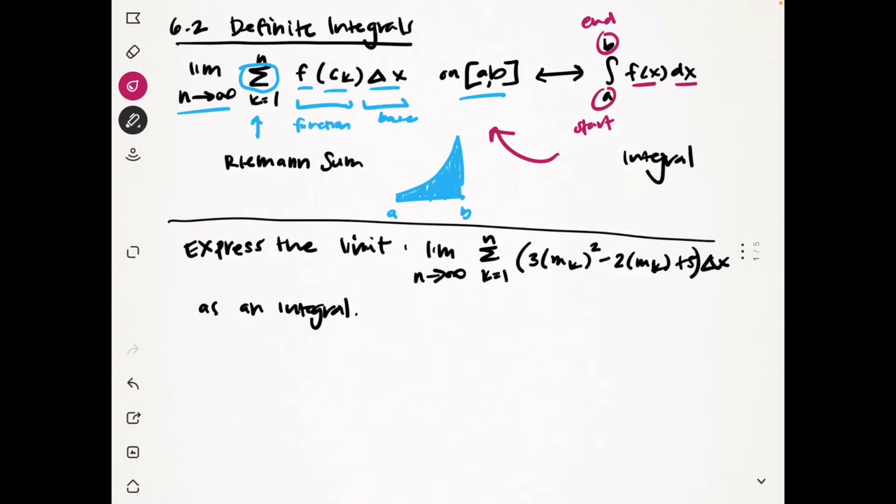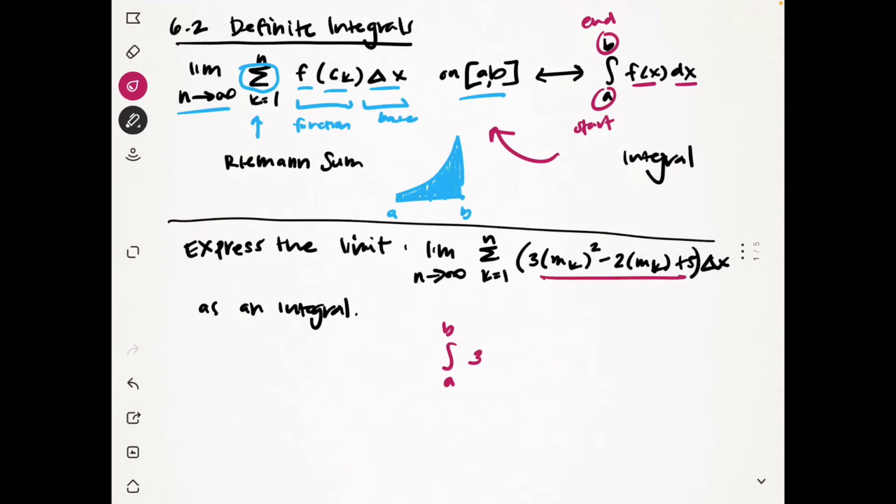Okay, so the first thing it's asking us to do is express the limit as n approaches infinity of the summation from k equals 1 of 3 m sub k squared minus 2 m sub k plus 5 delta x as an integral. Like we said, for our integral, we just have to say where we start, which is A, where we end, which is B, and then because we have an actual function in here, let's write the function.